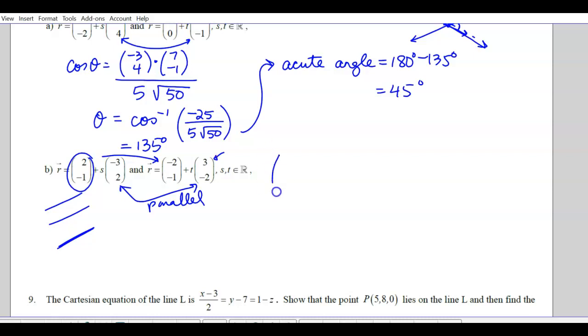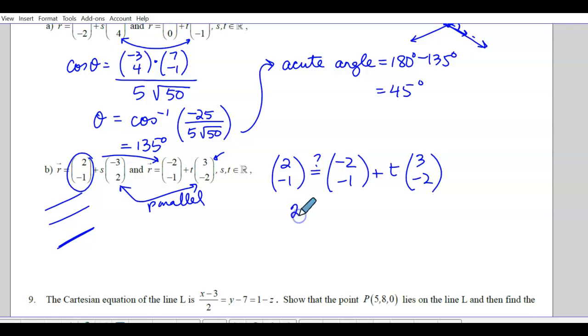So let's check if (2, -1) is a point on (-2, -1) plus t times (3, -2). Okay, so this one's kind of obvious that it's not, but some won't be as obvious. So 2 equals -2 plus 3t, and -1 equals -1 minus 2t, and solve each of these for t.